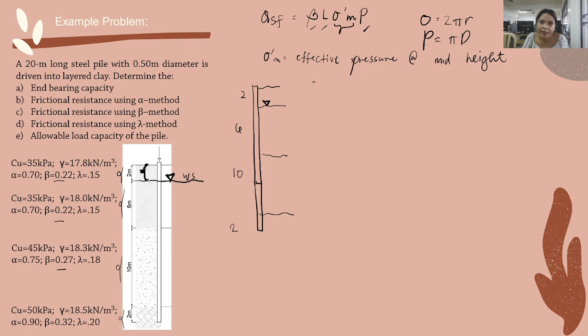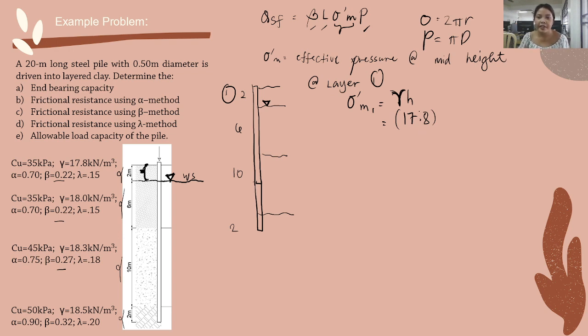Okay, so kung magsisimula tayo kay layer 1, si layer 1 ay itong part na to, to get the effective pressure niyan, or sigma prime M1 is equal to gamma H pa rin naman, pero ang iba't ibang property niya, such as unit weight saka height, ang i-consider mo. Ang unit weight nitong ating unang layer is 17.8. So, automatically, yan na yung gagamitin natin kasi wala naman siyang water na kasama.